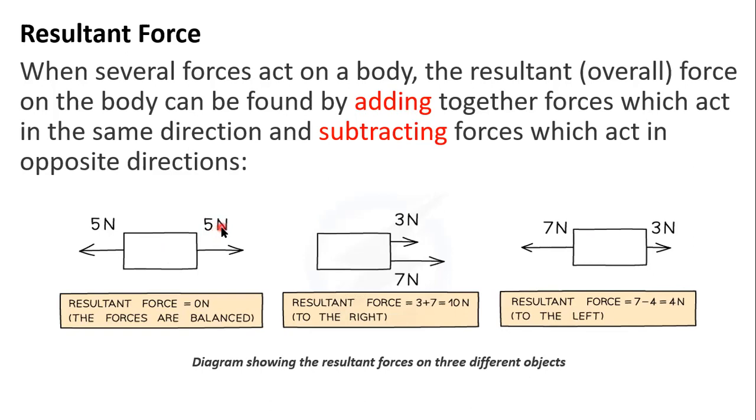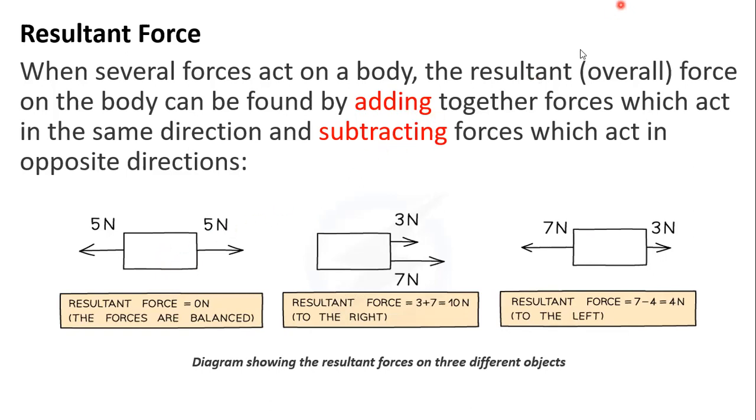So we will say 5 newtons minus 5 newtons, and we are going to get 0. In other words, the resultant force here is 0 newtons, or there is no resultant force. We say the forces are balanced.